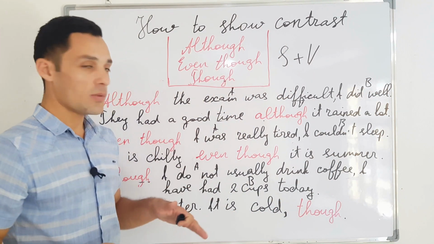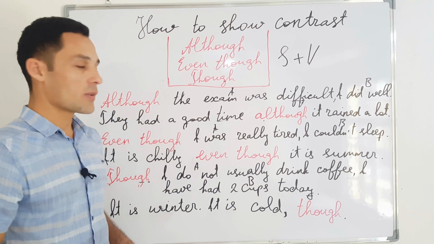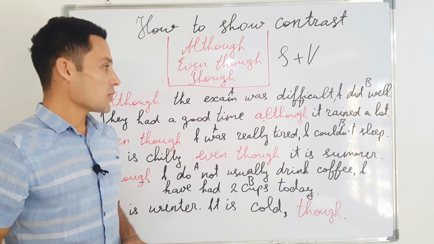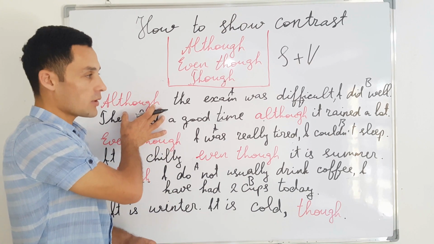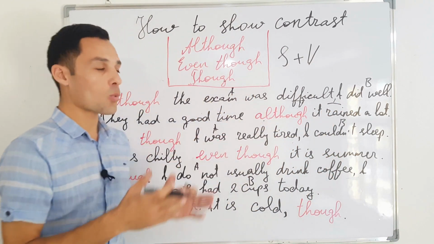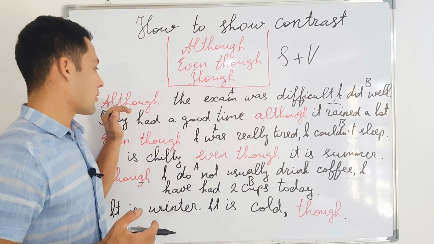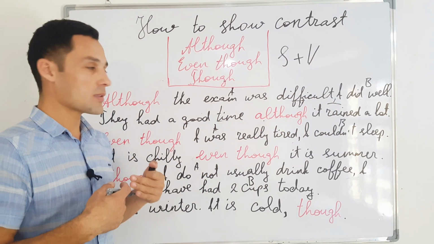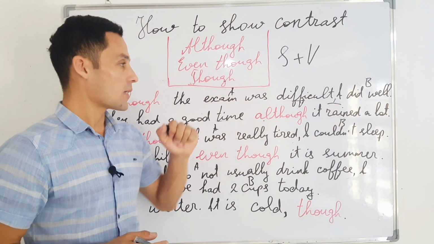The punctuation rule is, if we use although in the initial point, at the start, we separate the two sentences with a comma. Let's make this rule simple: if although is in the initial point, we use a comma.